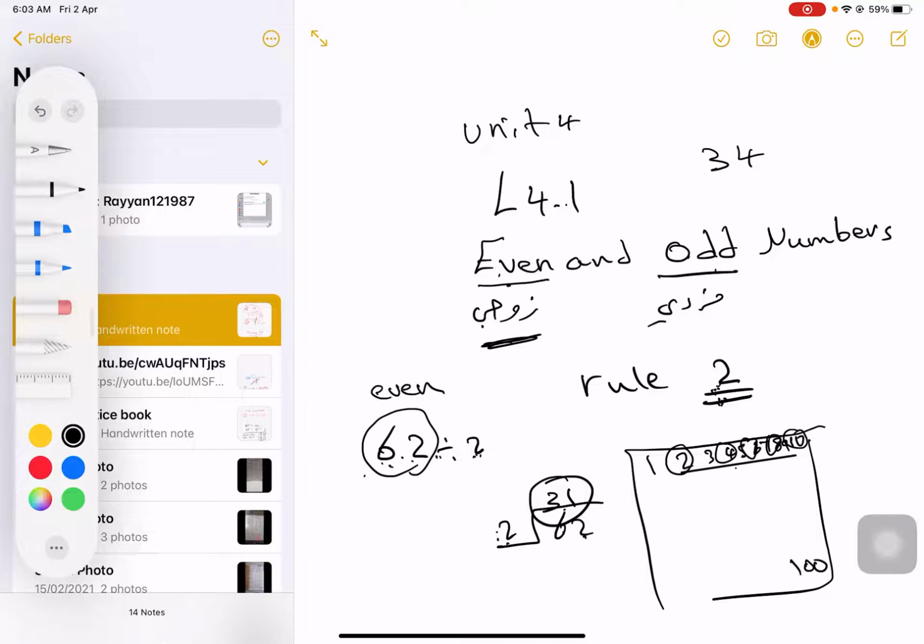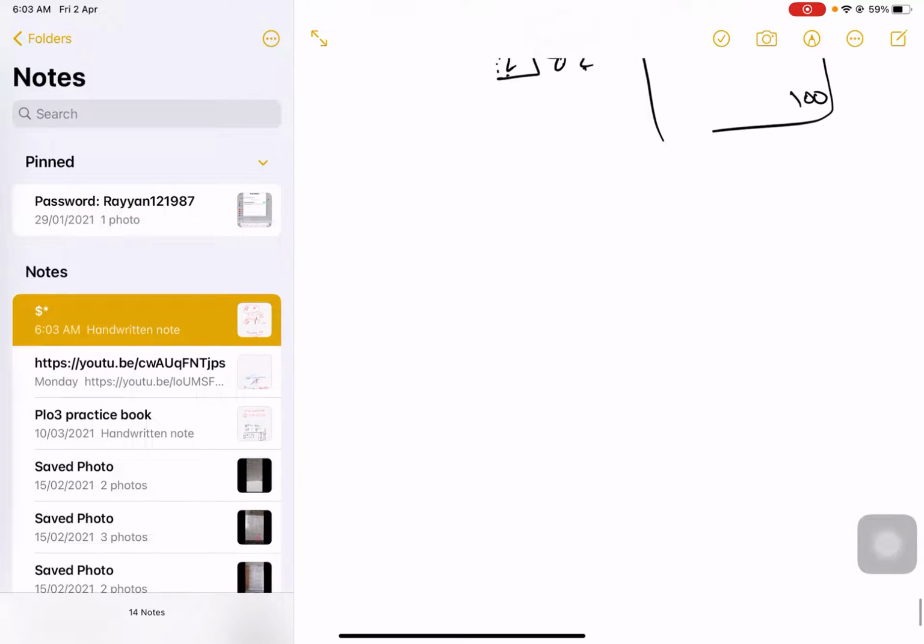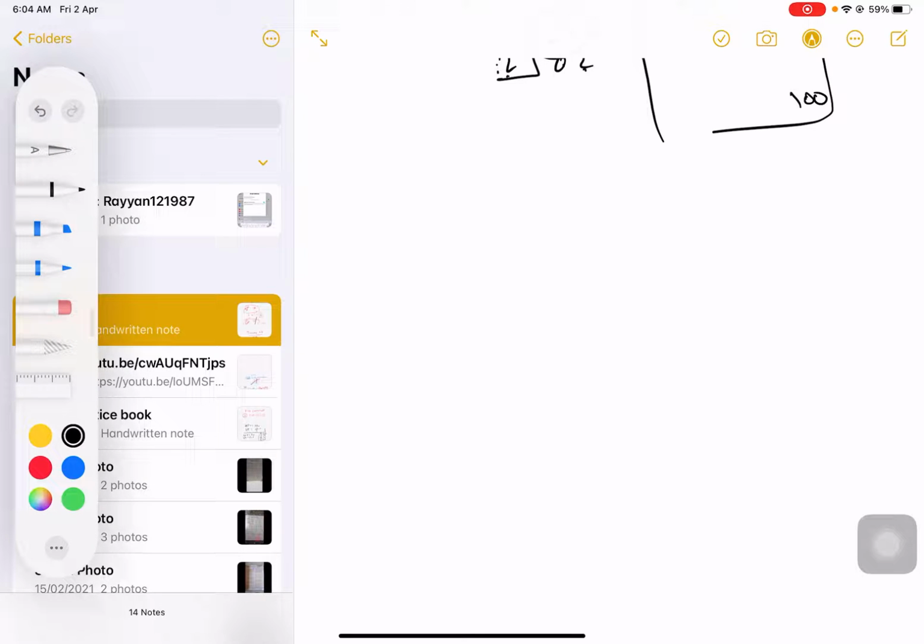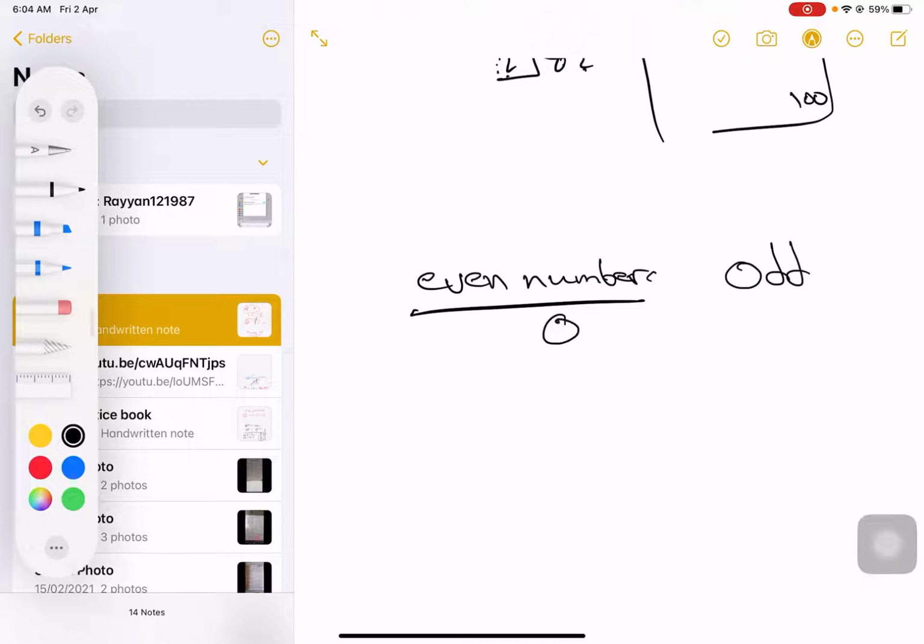Look at the ones place. If you look at the ones place, you will notice that an even number should have 0, 2, 4, 6, or 8. If you notice any of these digits in the ones place, this means that your number is even.